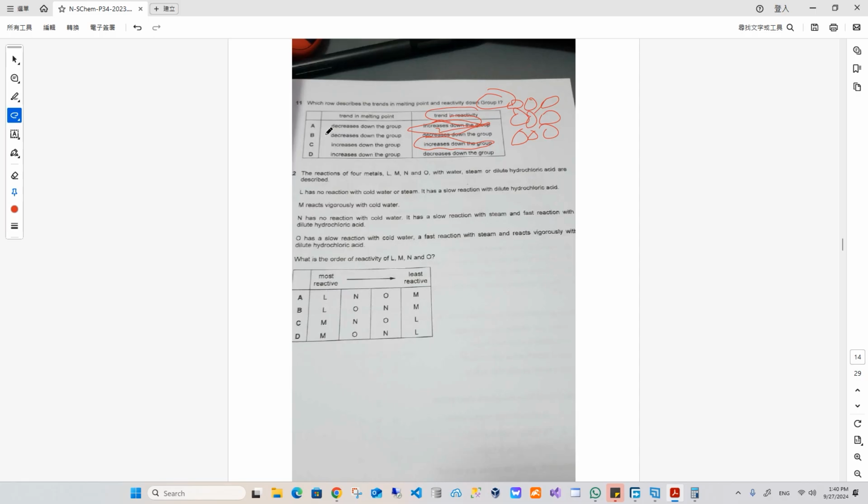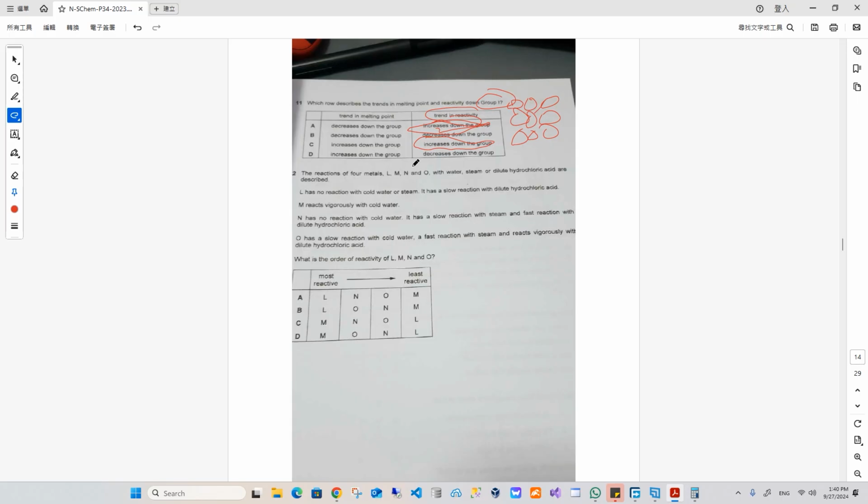Okay, so melting point, metallic bond. Yes and no. I have more electrons, but the attraction between the electrons and the particles will be weaker.